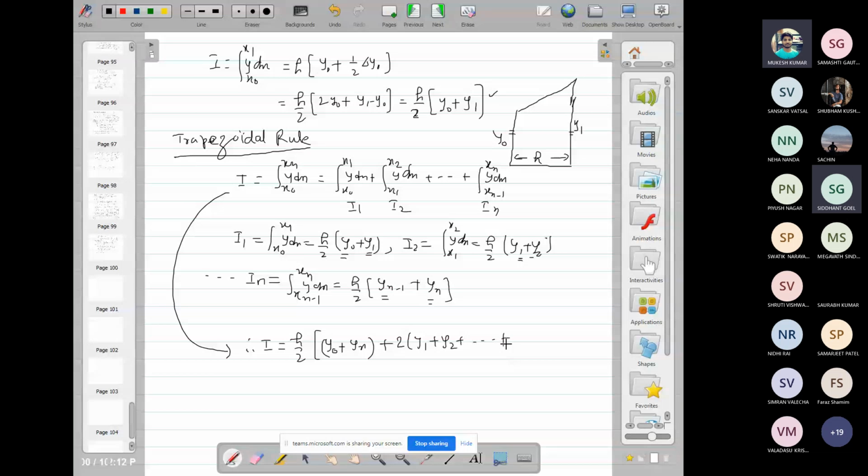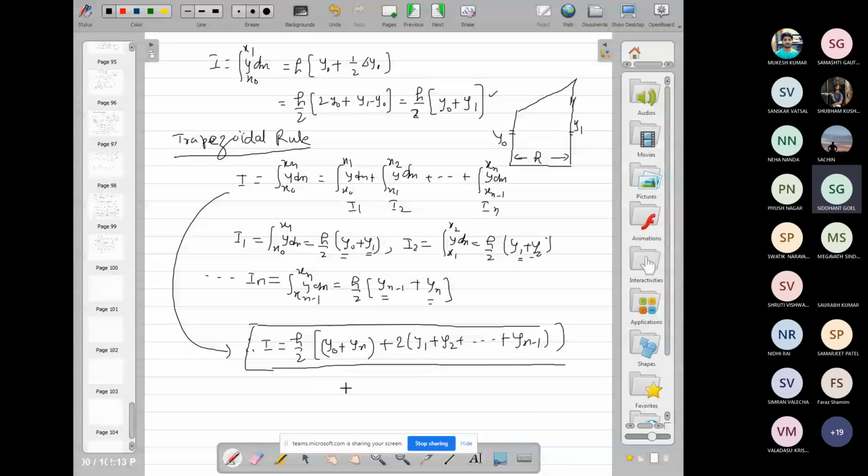With the help of this formula, we can calculate the value of the integral. To apply this formula, suppose the integrand is known, then divide the interval into n subintervals of equal length, say h, and then calculate the values of y0, y1, y2, up to yn, and put them in the formula.